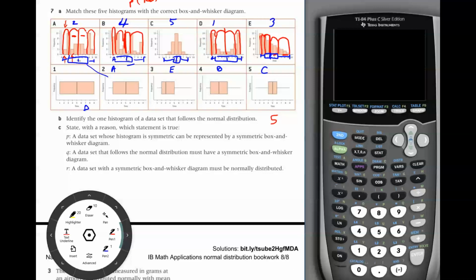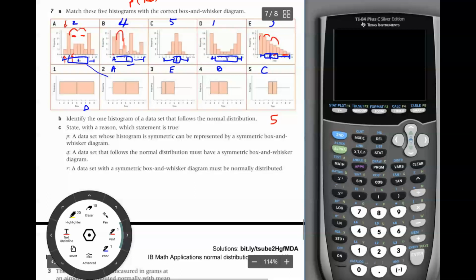P, a data set whose histogram is symmetric can be represented by a symmetric box and whisker diagram. That's true, right? Let's erase these for a second so we can remember what the diagrams look like. The ones that are symmetric are number 2, or letter A, and letter C, and letter D. So A, C, D are symmetric.